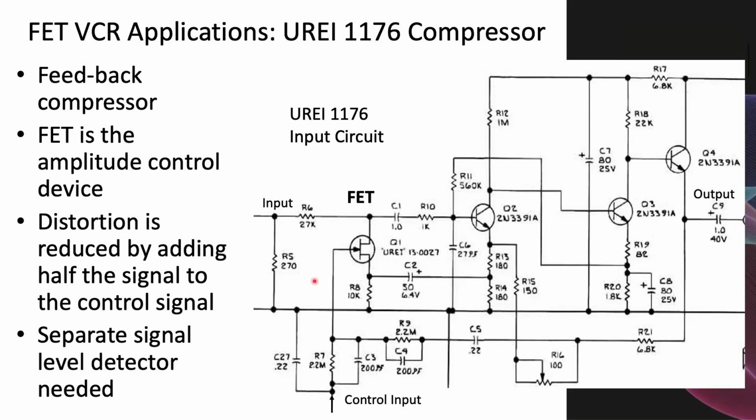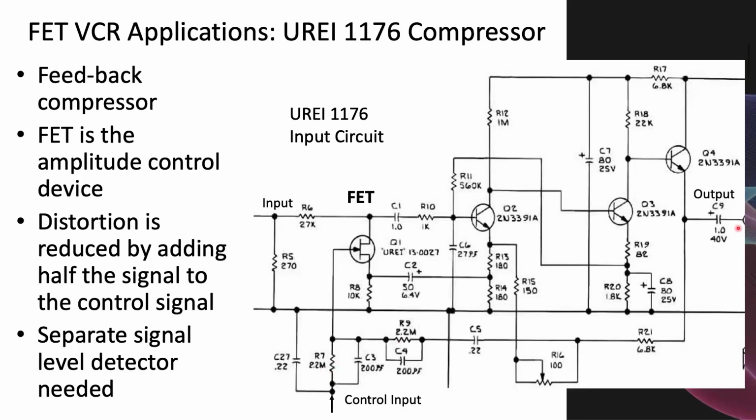Here's the field effect transistor that's doing the attenuation and the control. This is just amplifying things up. Now the distortion, however, and the control is fed in here from the detector as a DC voltage, but very interestingly, notice we have 22 megs and 2.2 megs and 2.2 megs here.